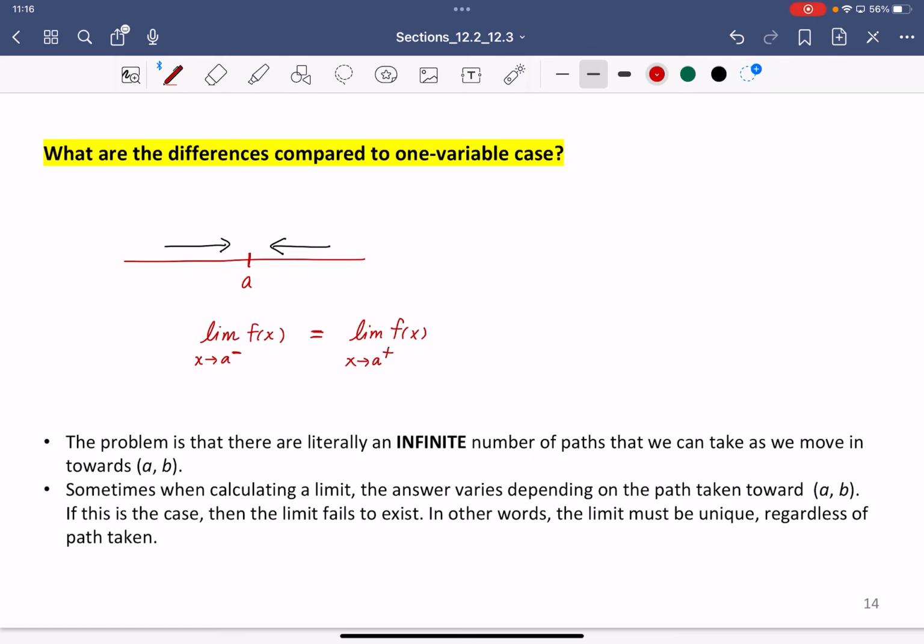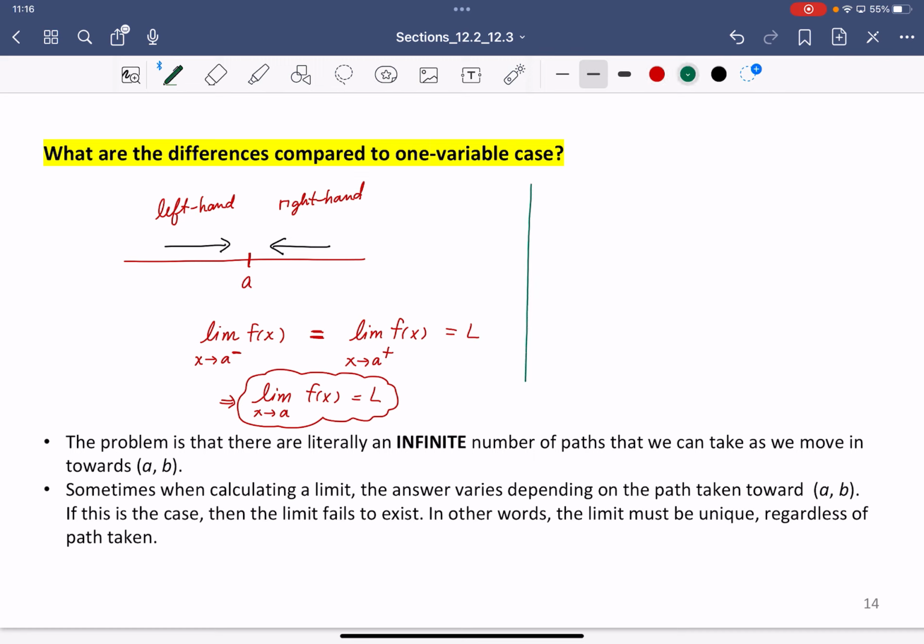If they are equal to each other, you conclude that the limit exists and equals L. Everyone remembers when you learned Cal 1, you have the left hand limit and the right hand limit, and if they are equal, the limit exists and equals L. This is the one variable case.